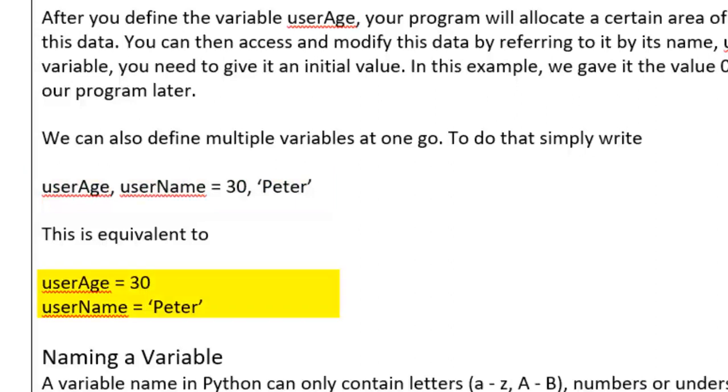User age equals 30, username equals Peter in quotes. So this line is, to the computer, exactly the same as those two lines. We just saved a lot of time typing, and we assigned two variables in one line instead of doing it like here.